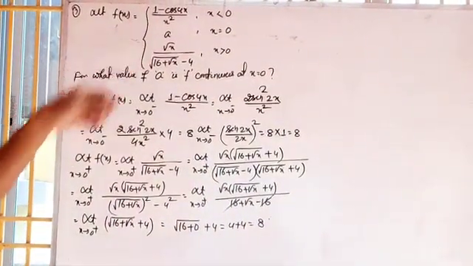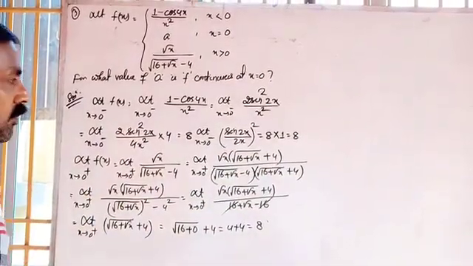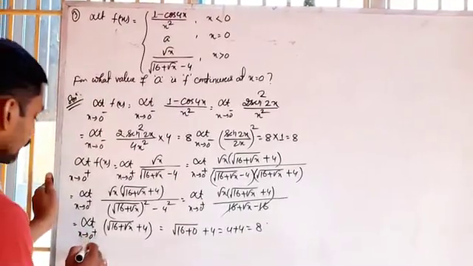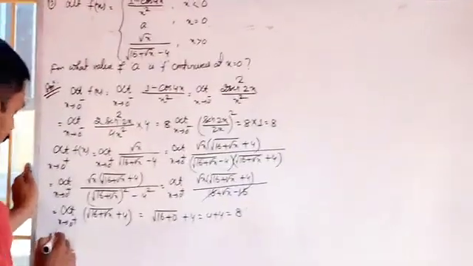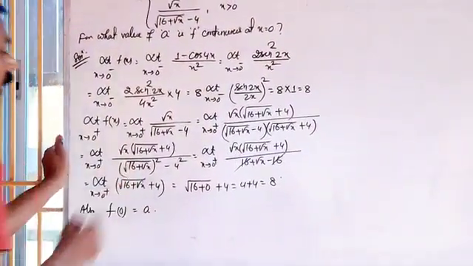Now you see left hand limit, right hand limit, both are same, 8. Means limit of the function is 8. And now what is f of 0? f of 0 equal to 8.